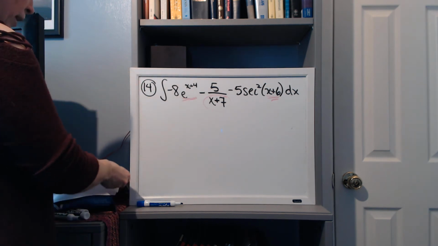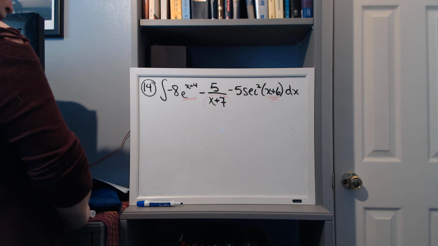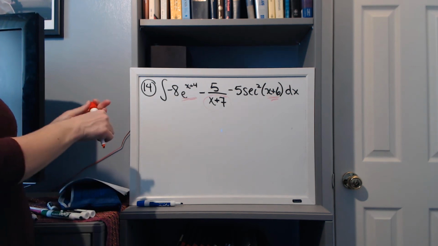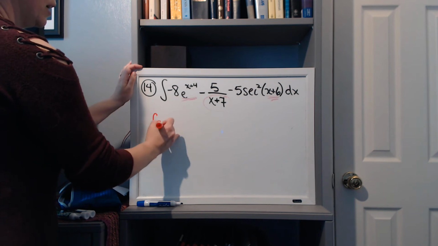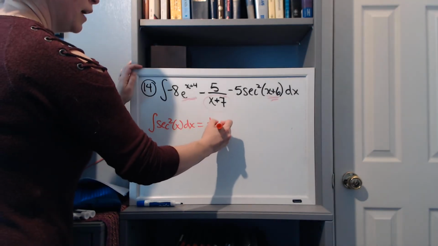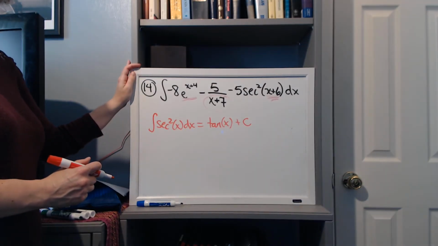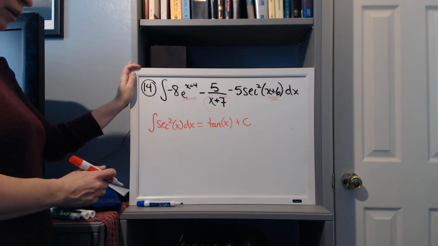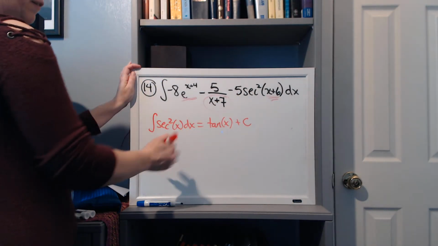So with that secant squared, if we're looking on our antiderivative table, then we're going to see that the integral of secant squared of x, the antiderivative, is going to be tangent of x, which does not surprise us because the derivative of tangent is secant squared. So let's think about what would happen if we had x plus 6 in there instead of x.